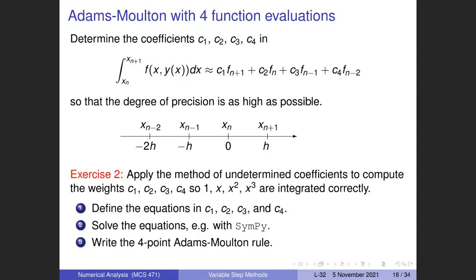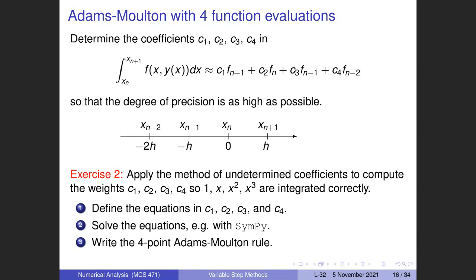All right, next exercise again, similar pattern. Now we use 4 function evaluations: the function evaluation for the next step, the current step, and the 2 previous steps. So we have then 4 points and 4 unknown coefficients to determine.